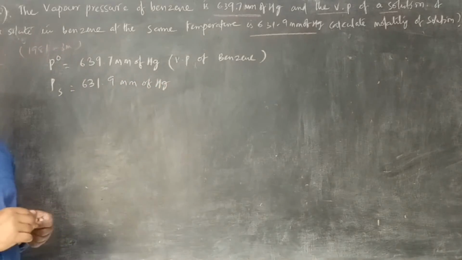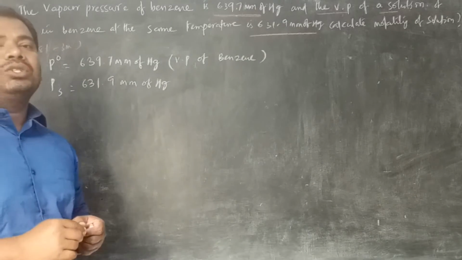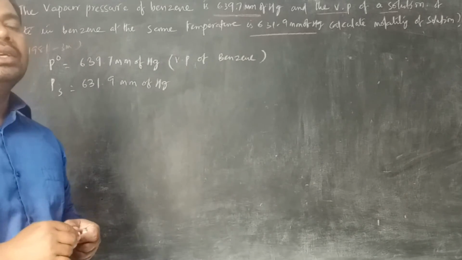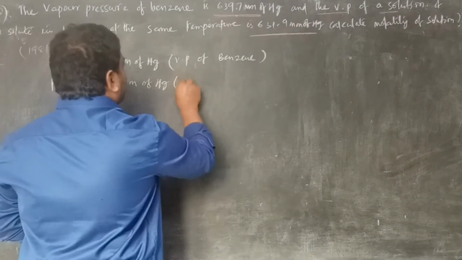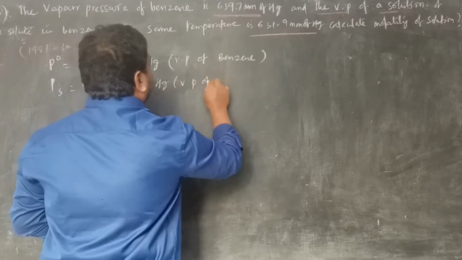We know that when we add a non-volatile solute to the pure solvent, the vapor pressure of the solution decreases.